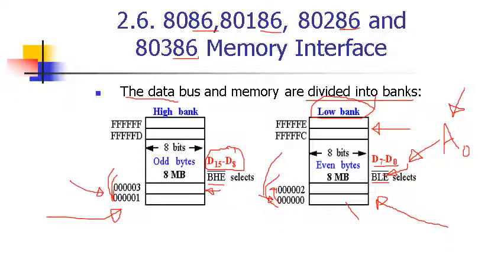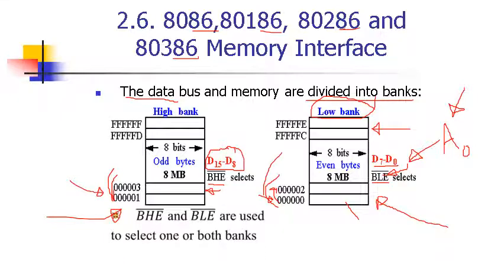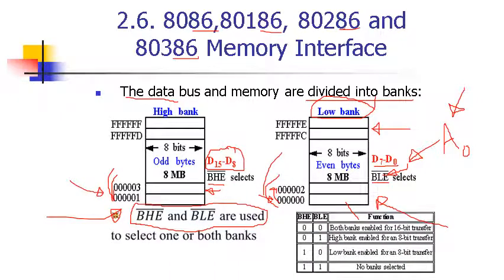Okay. So BHE and BLE are used together to select one of these two banks or both banks at a time. If they are made 0, 0, both banks are enabled, and you can get into the memory or take out of the memory 16 bits at a time.